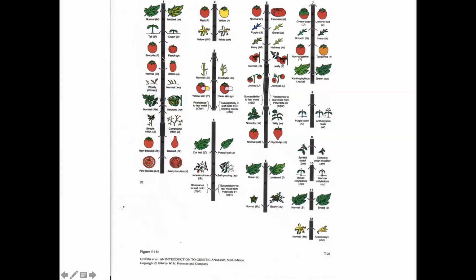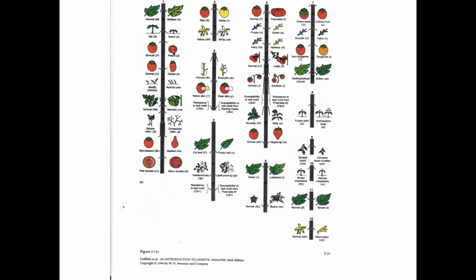You can see the distance between the texture gene and the shape gene is larger than the distance between the height gene and the texture gene. So that distance is marked as being greater in this map.